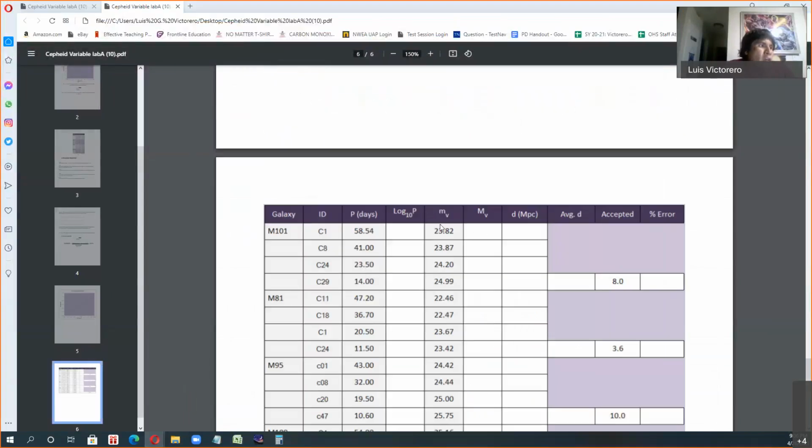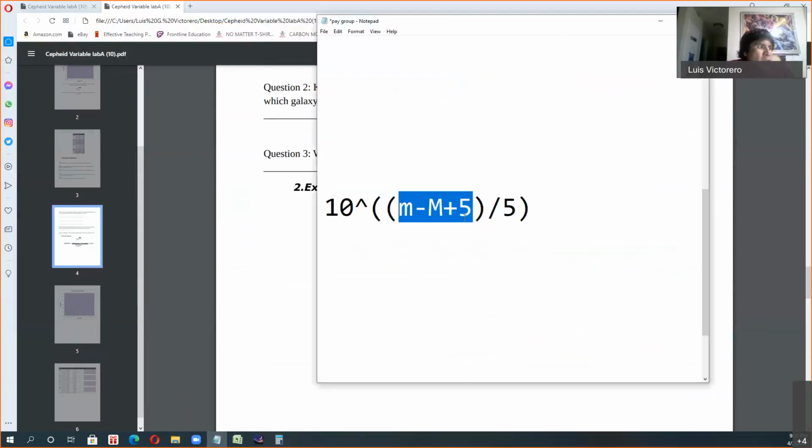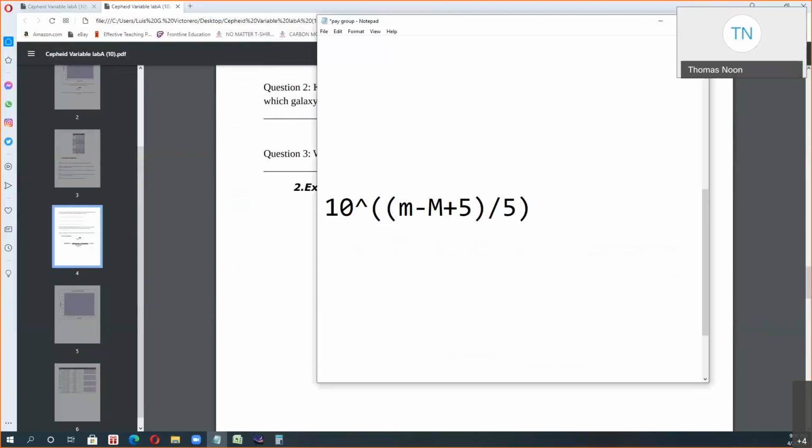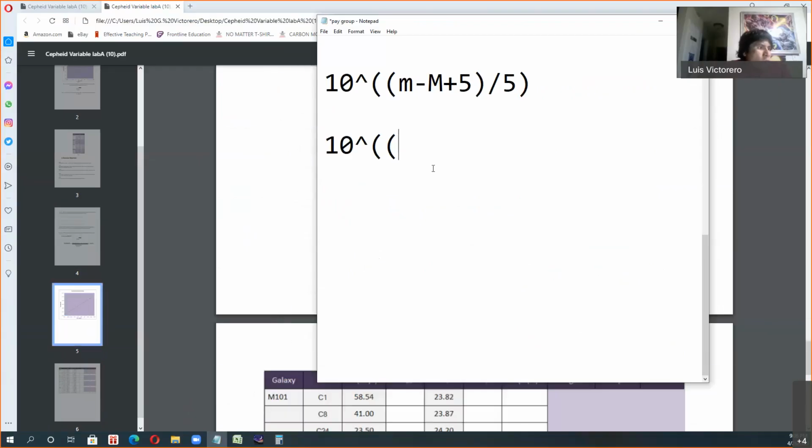If you have the little m and the large M, you can find the distance using the formula. Suppose this was my pen and paper: you put by hand 10 to the power of, in parentheses because it's divided by 5, 23.82 minus minus 6.3, which is plus 6.3, plus 5.